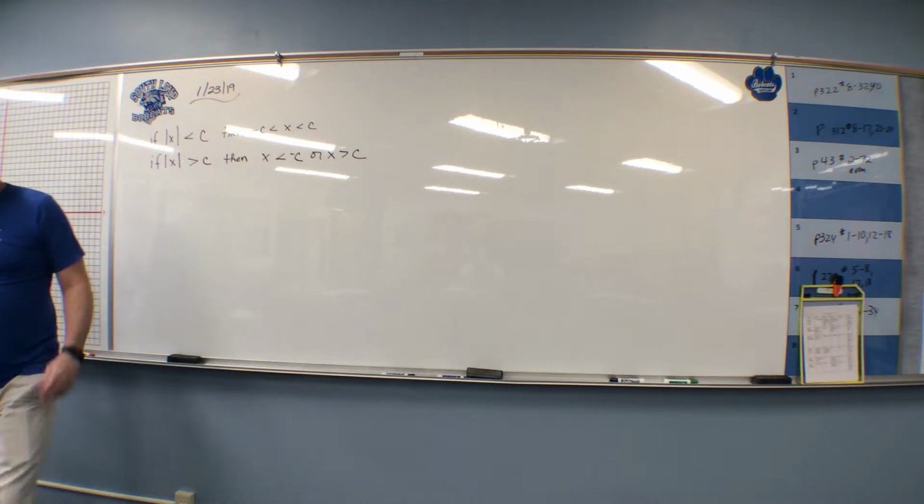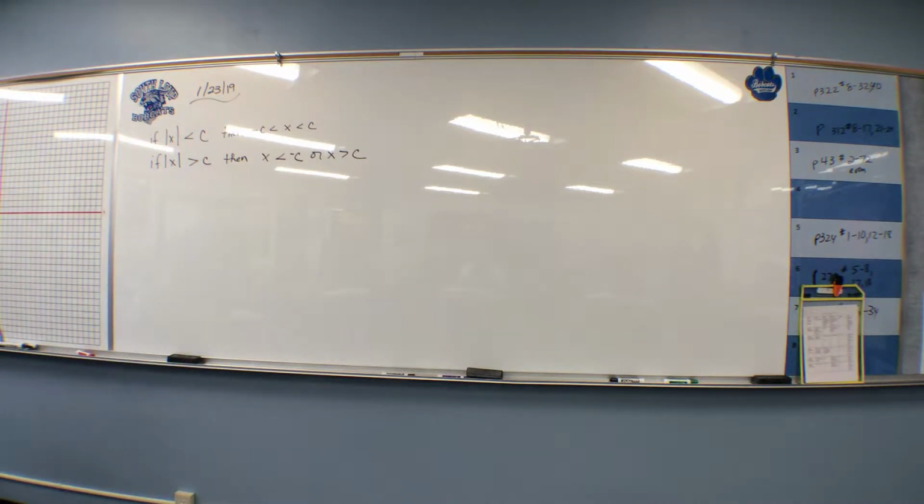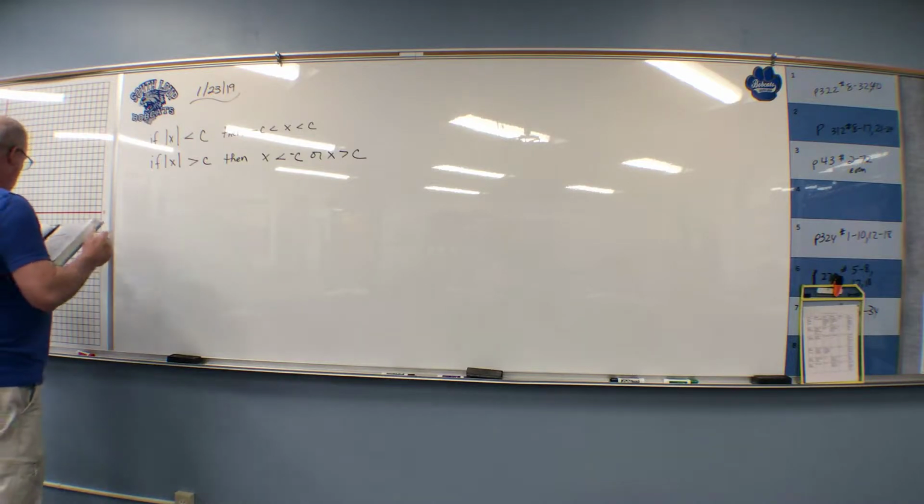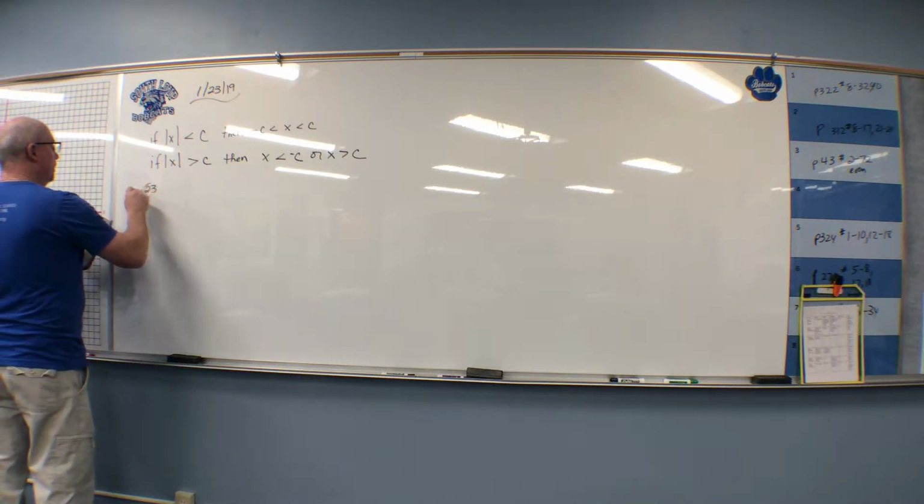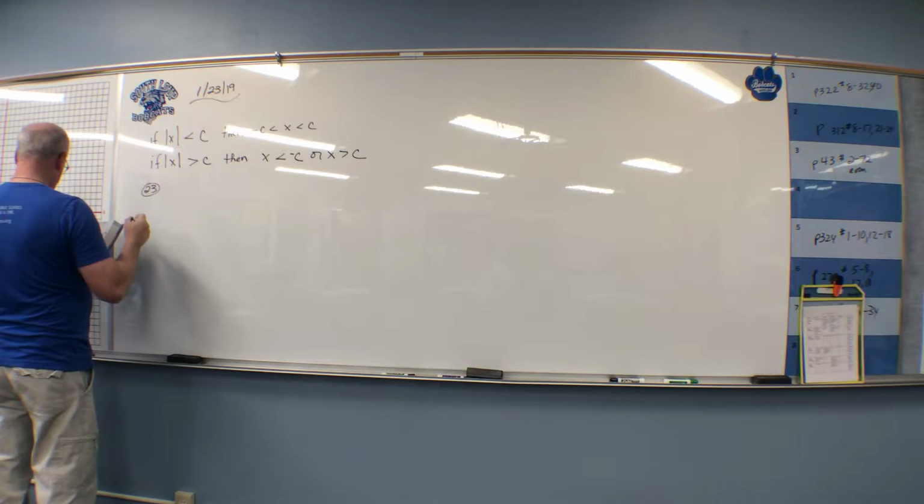Okay, so if I take, for instance, you just have to use set builder notation and graphing, correct? Let's take number 23. We'll just go for broke here.